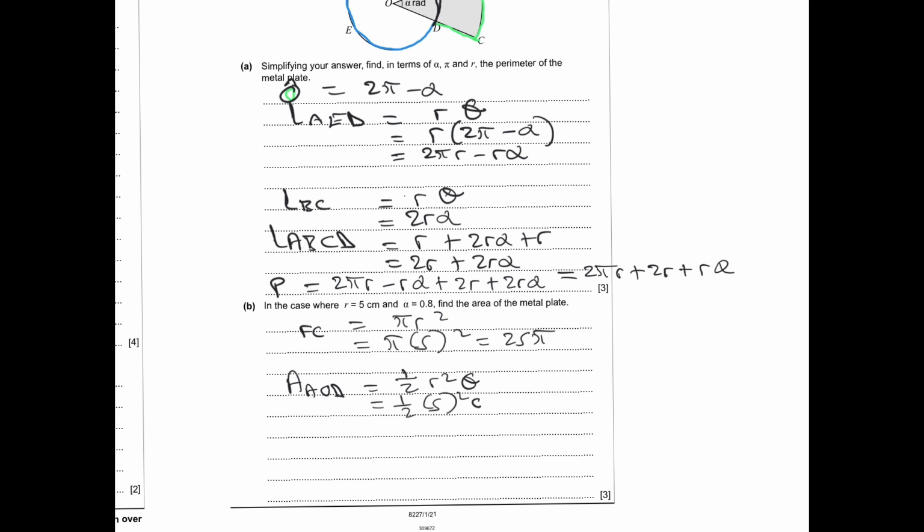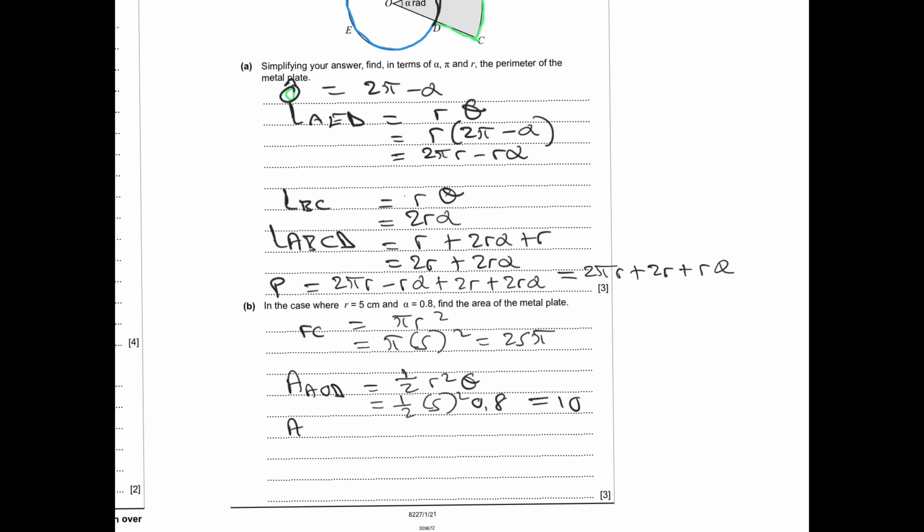So we are talking here of 25 multiplied by 0.5, which is half, multiplied by 0.8. That will give us 10. That's the area of the small sector.